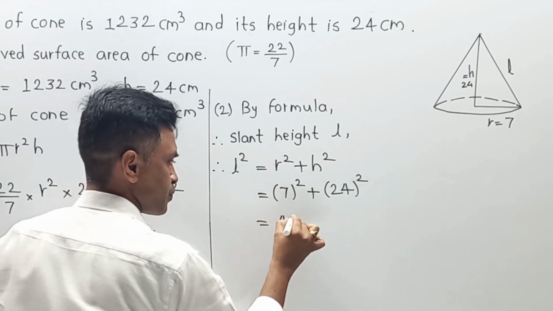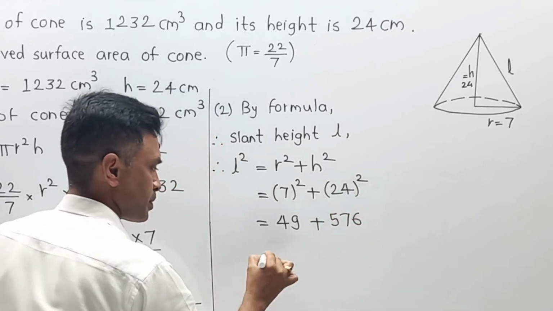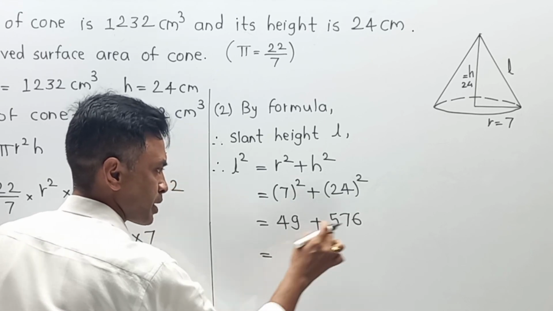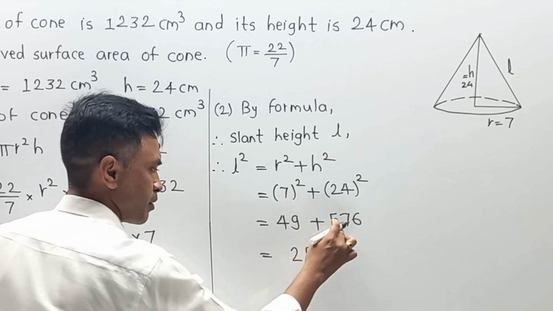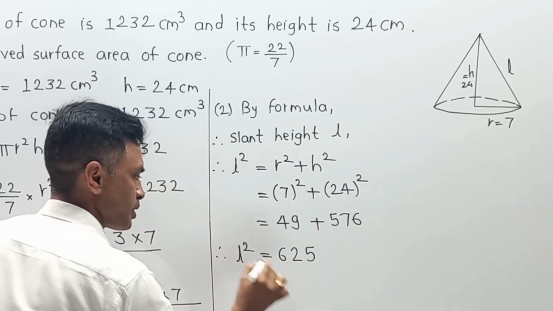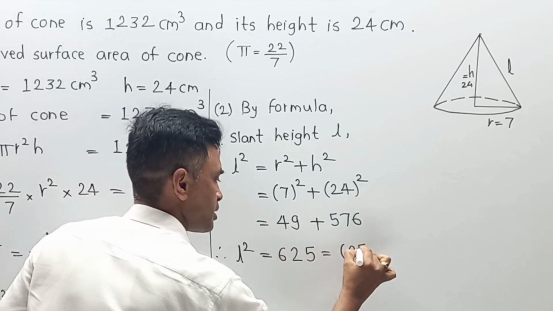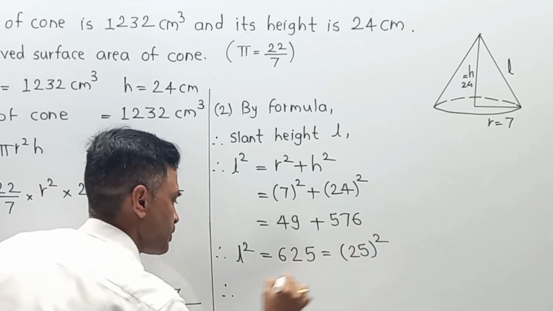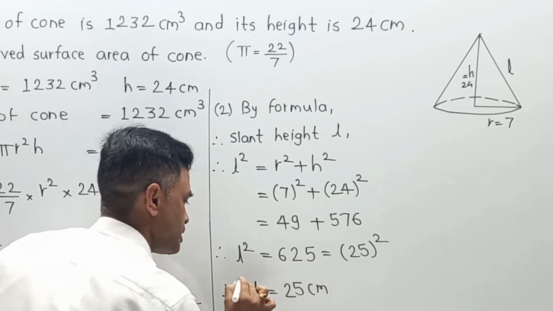Now 7 square is 49 and 24 square is 576. If I do their addition, 6 plus 9 means 15, carry 1. 7 plus 1, 8, plus 4, 12, carry 1, and 5 plus 1, 6. So our value of L square is equal to 625. 625 means 25 square. Now with the help of L square is equal to 25 square, we can say L, or slant height, is 25 and its unit is centimeter.